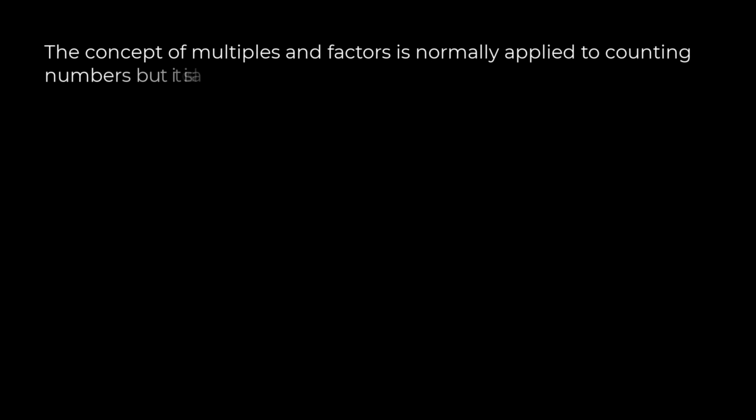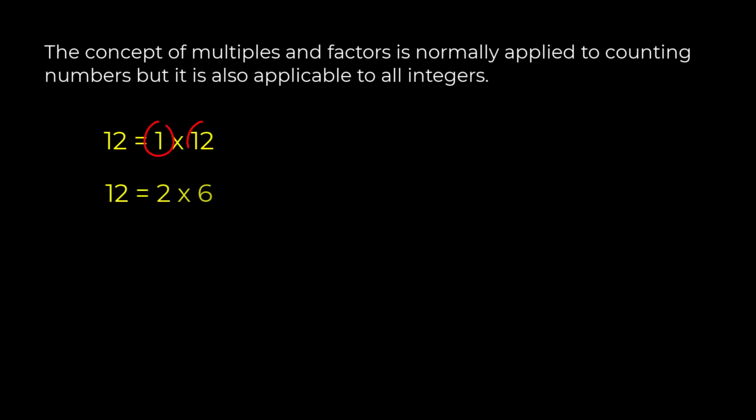I think so too. This is the point where I remind you that we were using the domain of counting numbers for this discussion, but the concept of multiples and factors can also be applied to integers. So when I say that 12 has 6 factors, I'm talking about 6 factors within the domain of the counting numbers.